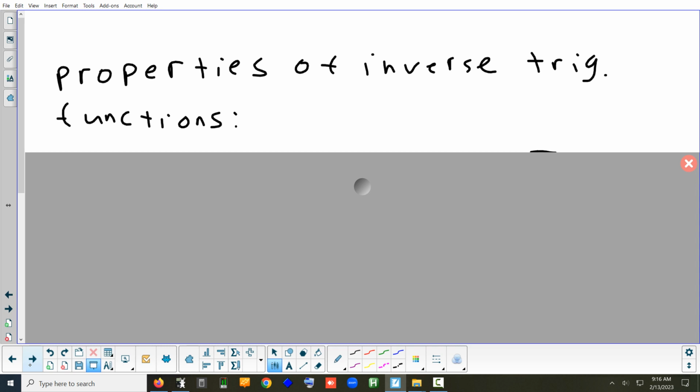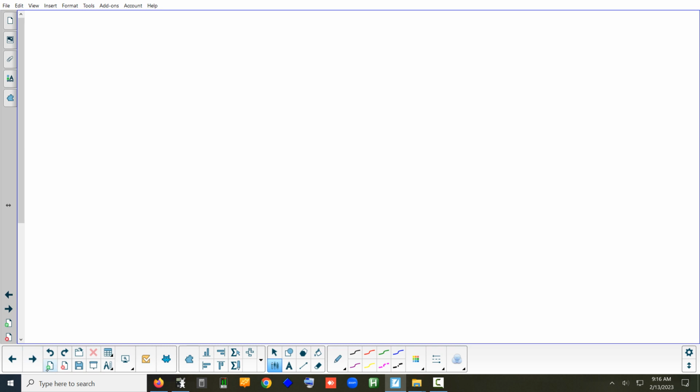All right, so the whole idea of inverse trig is that it cancels out regular trig. Why would we cancel out regular trig? Let's say you had an equation like that, and I ask you to solve for x. You need to get rid of sine. And the only way to get rid of sine is to take the inverse sine, and then it would cancel out regular sine.